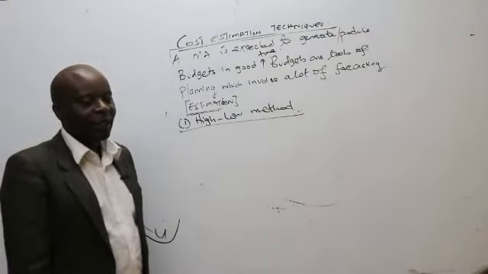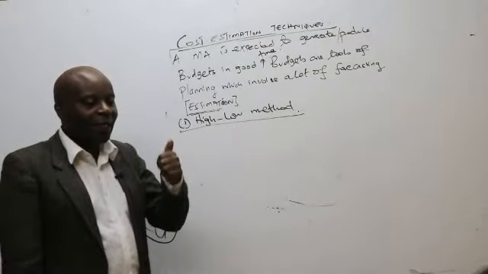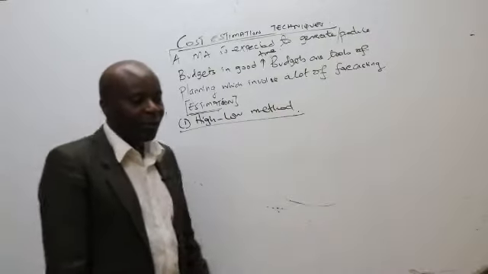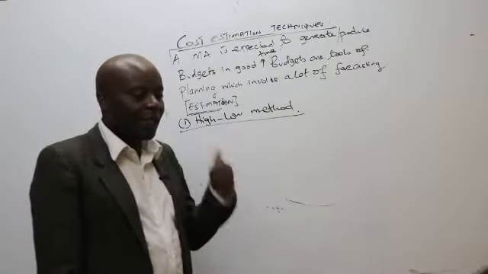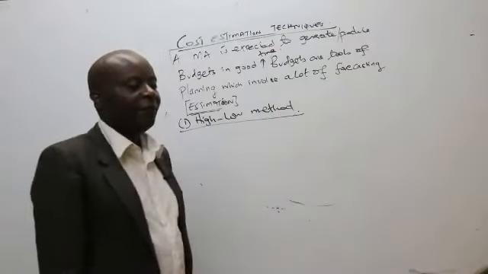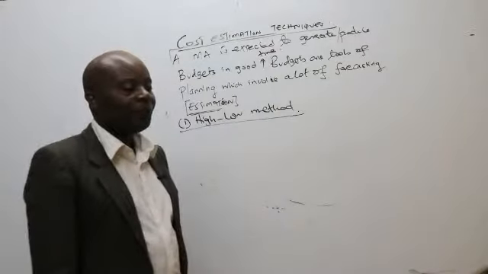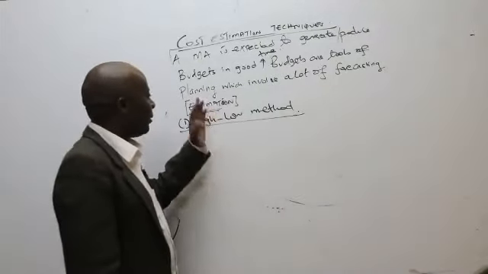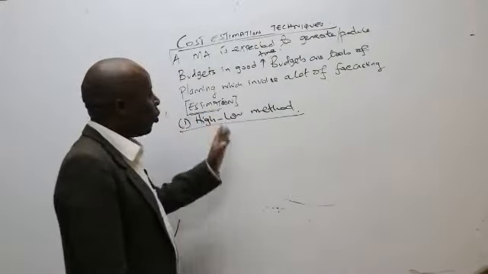High-low method. So have we written up to there, ladies and gentlemen? Have we taken our notes up to there? If we have done that, please say yes. You simply say Y for yes. So the methods include, number 1, high-low method.